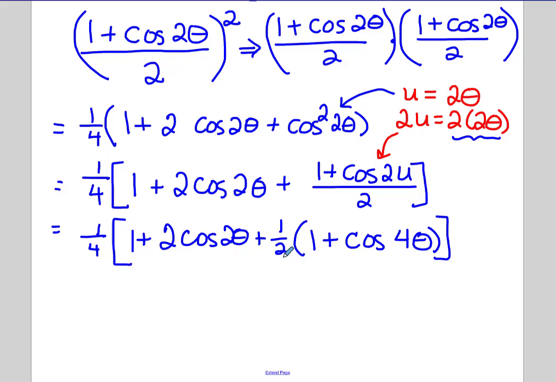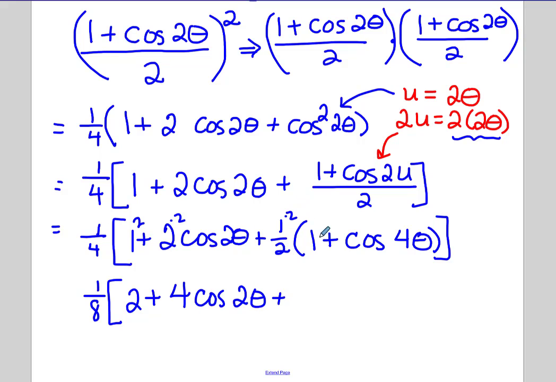And I can pull this 1/2 out and make that 1/8 if I multiply each one of these terms by 2. So I'd have to have a 2 times that and a 2 times that and a 2 times that to get 1/8 in the front, and 2 plus 4 cosine 2 theta, and then this would be out there, and then 1, and then cosine 4 theta.